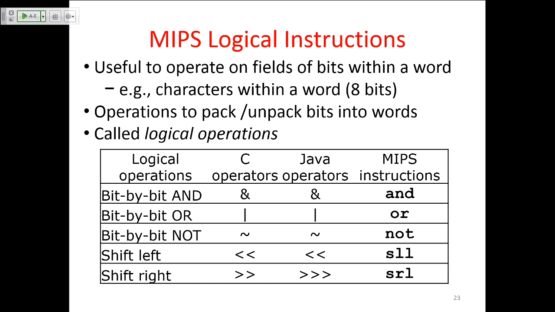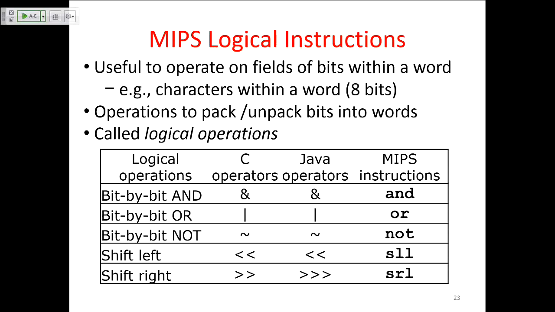What we did so far were some of the arithmetic operations: add, subtract, signed, unsigned. Then when we ran out of registers, we used load word, store word, load byte, store byte to fetch some more. But we'd like to do some other things as well. Part of the whole MIPS ISA are also the logical instructions. Logical instructions allow you to do bit-by-bit logic operations.